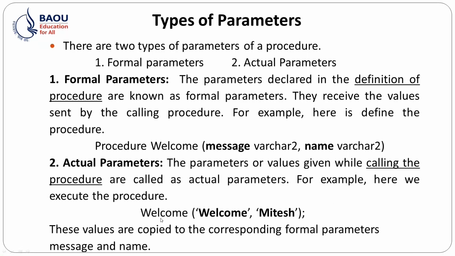How to call? Procedure name, and then in the brackets pass the values of the parameters. Welcome is passed in the message and Mitesh is passed in the name variable. These values are copied to the corresponding formal parameters, message and name.